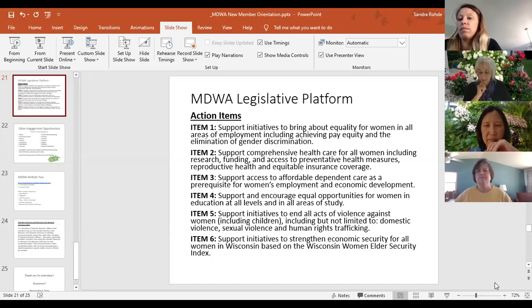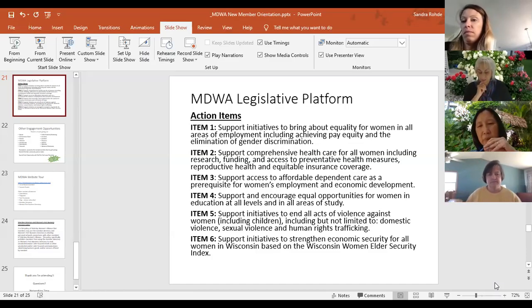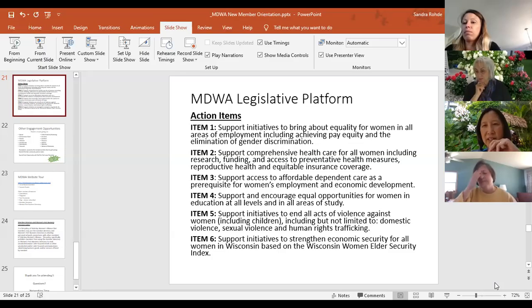And so speaking of the economy, the last item deals with economic security for all women, but especially the elder women in our state. When I was first exposed to the Women's Elder Security Index, I was just shocked to see the percentage of older women that are not living at the poverty level, let alone 400%.